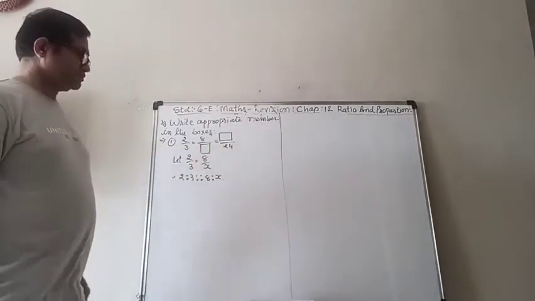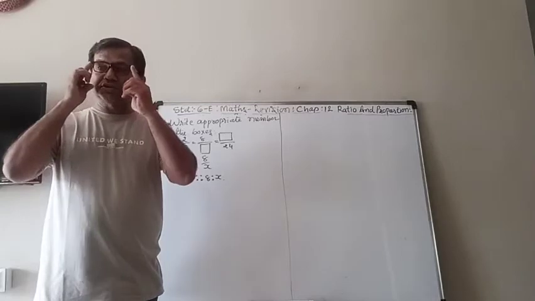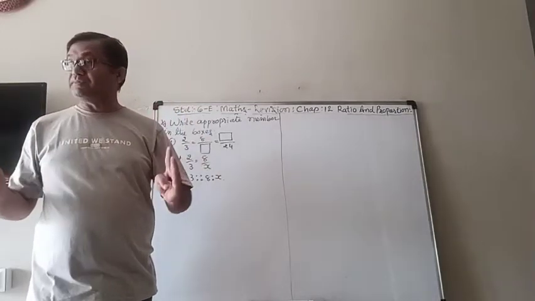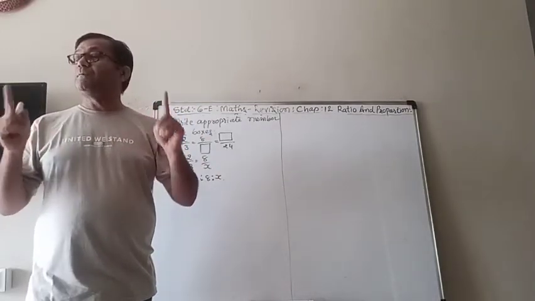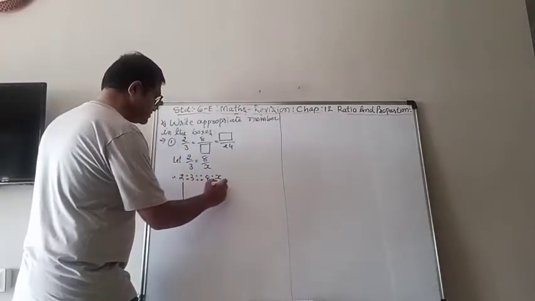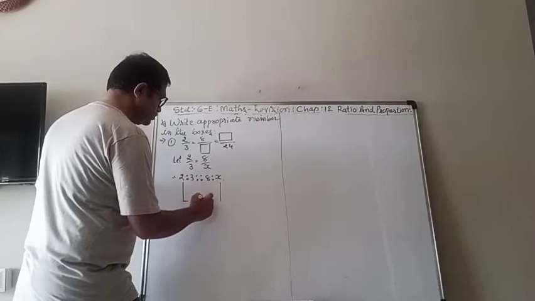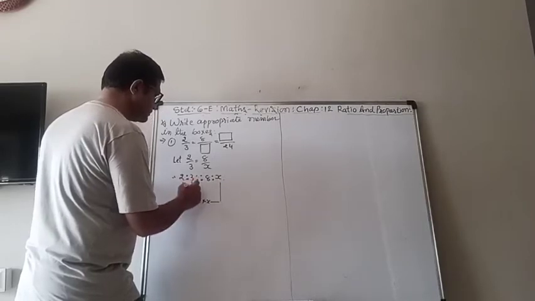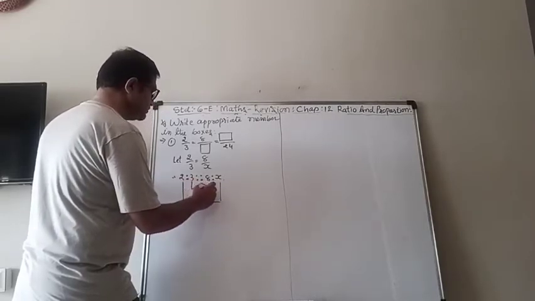Now we know that the product of extreme terms is equal to the product of middle terms. Means this is 2 multiplied by x, 3 multiplied by 8.